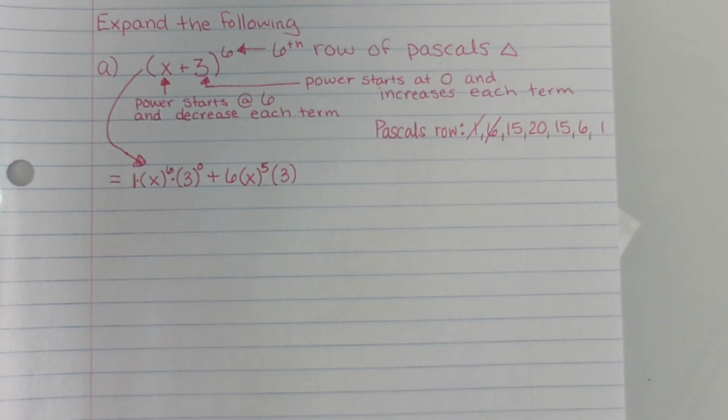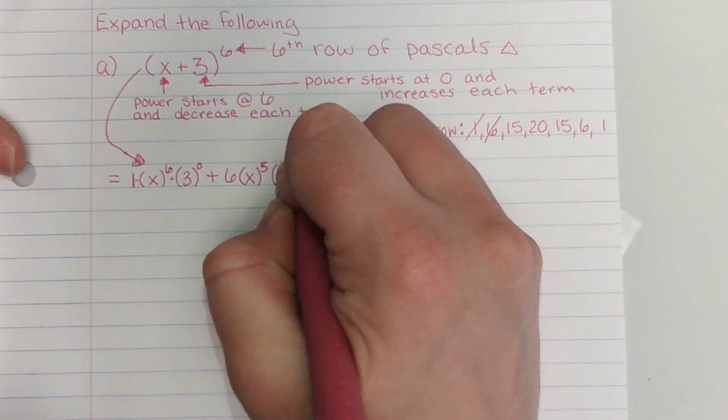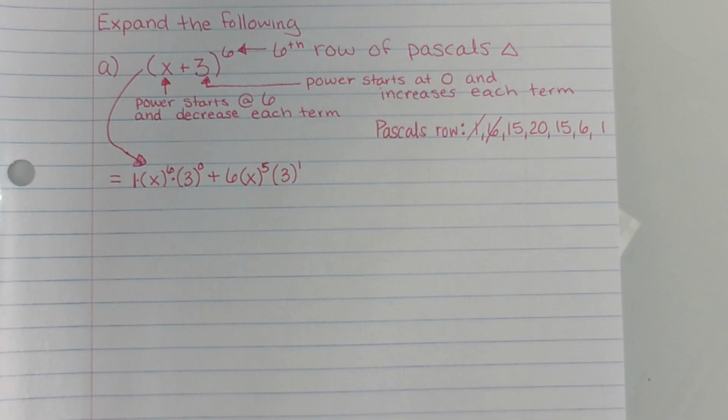It was to the power of 0, now it is to the power of 1. I repeat this process until I get to the end of Pascal's row, because if you expand something to the 6th power, it should have 7 total terms. Pascal's triangle has 7 numbers in it in the 6th row.